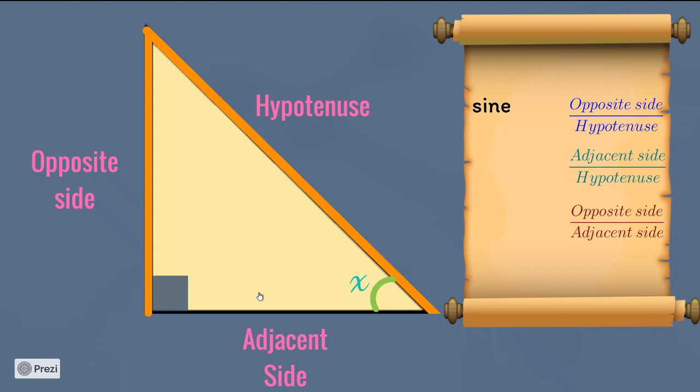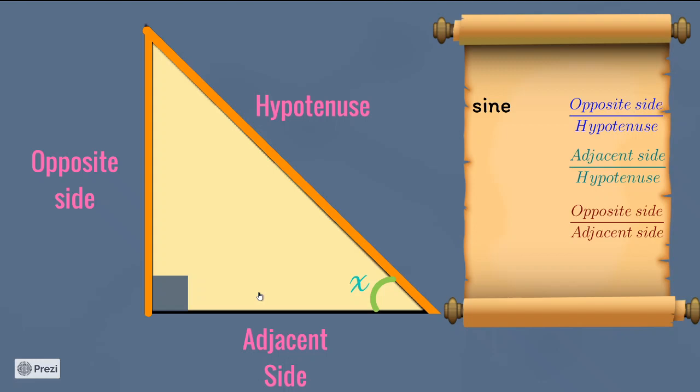It's a Latin name, again from the Latin language. Opposite side by hypotenuse, that ratio is called sine. Now remember, all these things are for right triangles, only right triangles. At least that is what you will study in 9th.